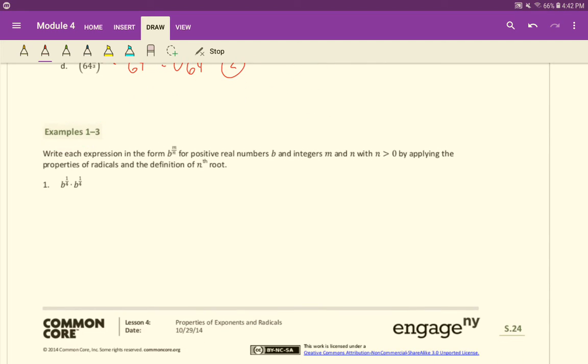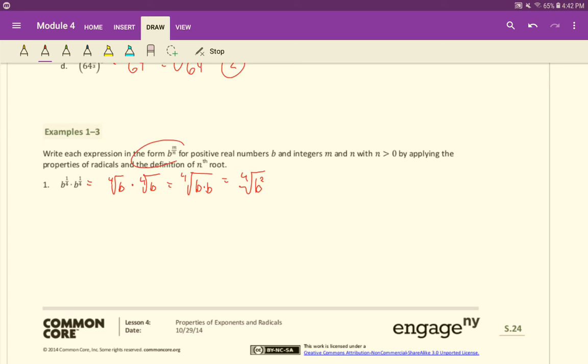For these next examples, 1, 2, and 3, we're going to write each expression in the form b to the m over n for positive real numbers b and integers m and n with n greater than 0 by applying the properties of radicals and the definition of the nth root. So here they want us to use properties of radicals. We could do this by rewriting this as the 4th root of b times the 4th root of b, which would give us the 4th root of b times b, or in other words, the 4th root of b squared.